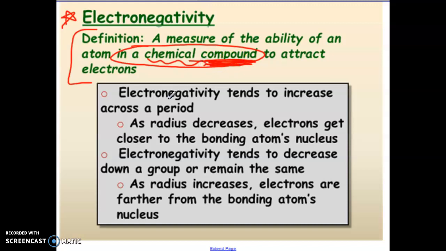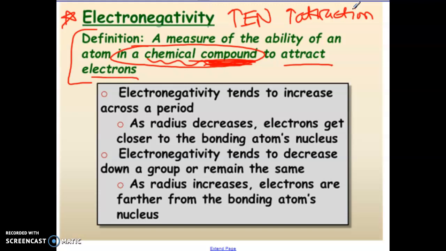Okay, so what this is talking about is what is the ability of an atom in a compound to attract electrons. The higher the electronegativity, and I use En for short here, the higher the attraction for electrons. The lower the electronegativity, the lower the attraction for electrons.